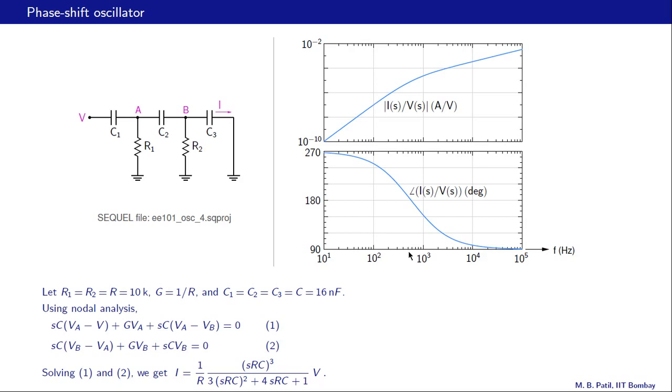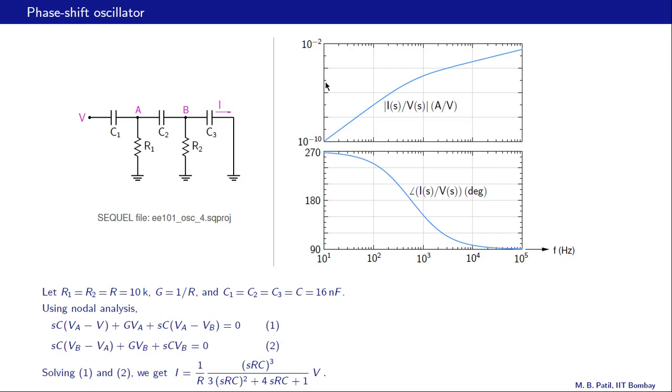And what is going to be the gain of that amplifier? To get an idea of that, we need to look at the magnitude of I by V at this frequency. So that is there, somewhere here, this is 10 raised to minus 10, minus 9, minus 8, minus 7, minus 6, minus 5.